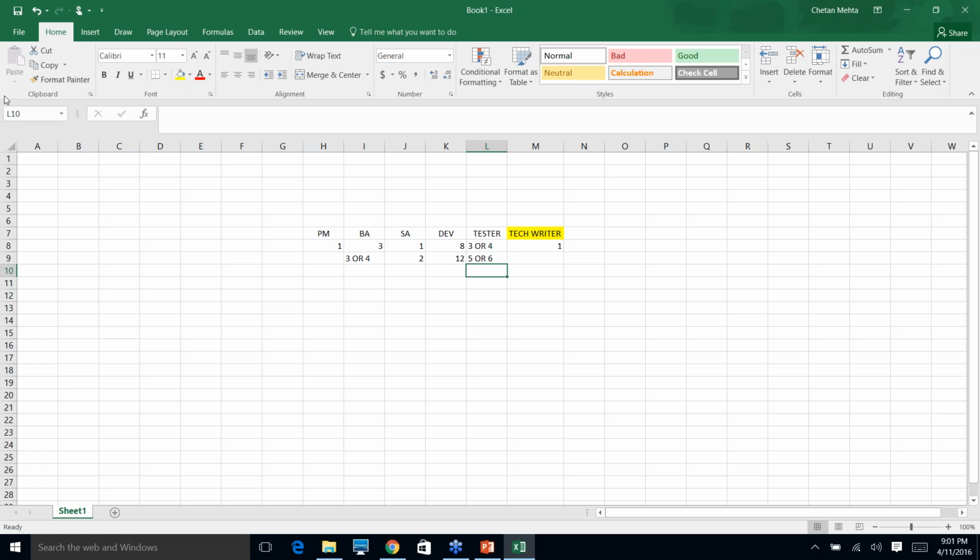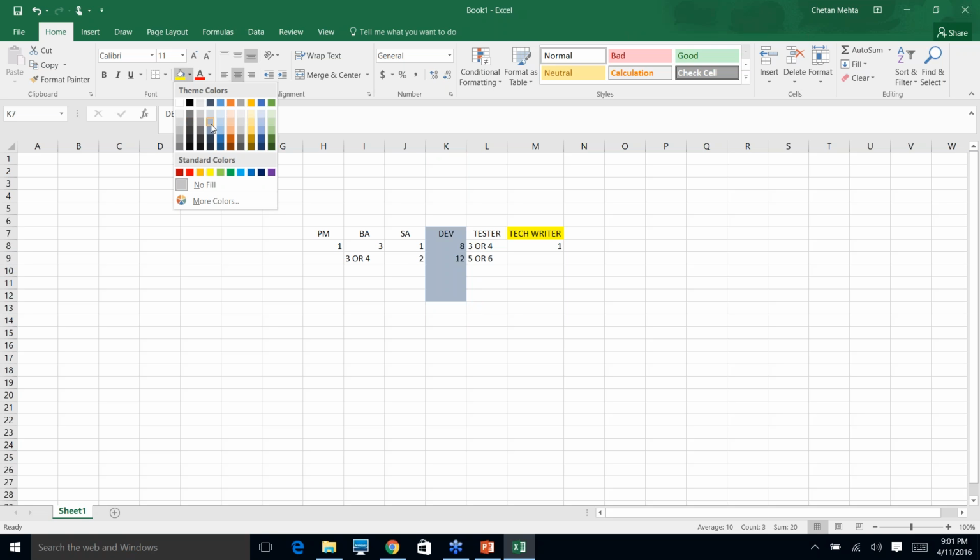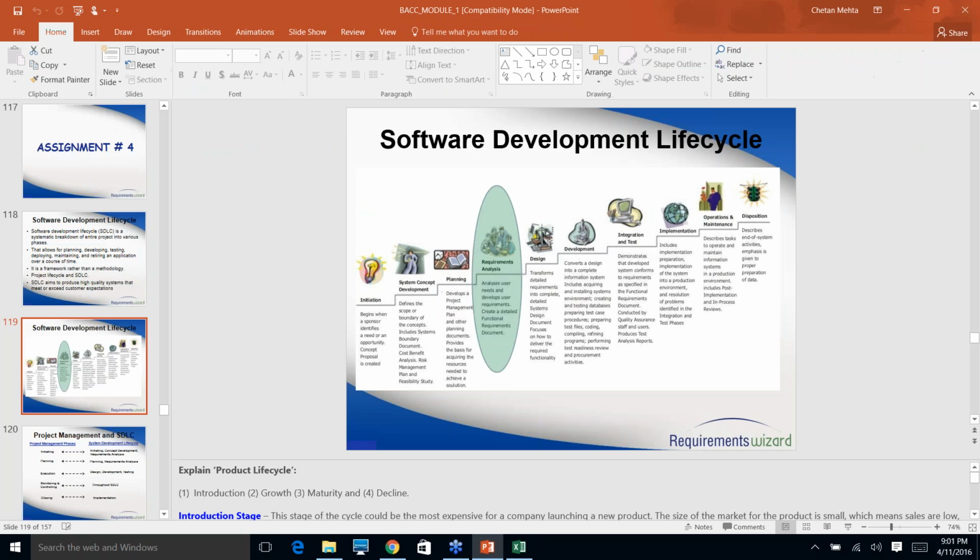That's basically how the split is. But you will have the maximum number of people from the development role. So that's what happens in the development phase.